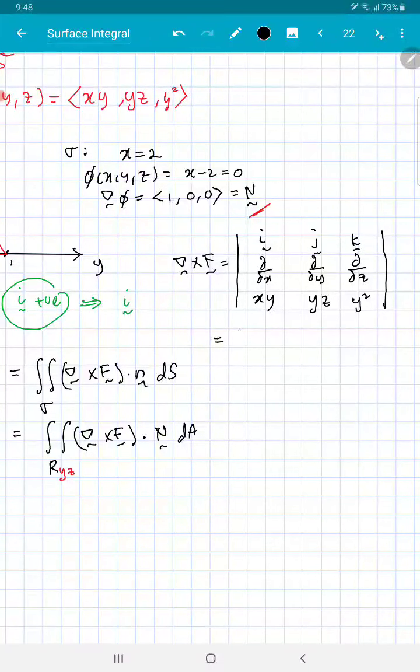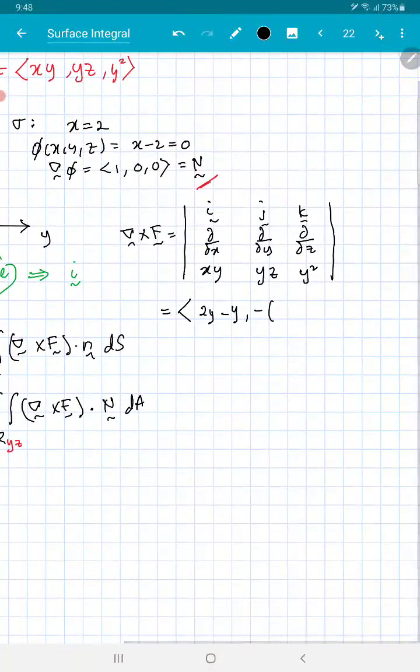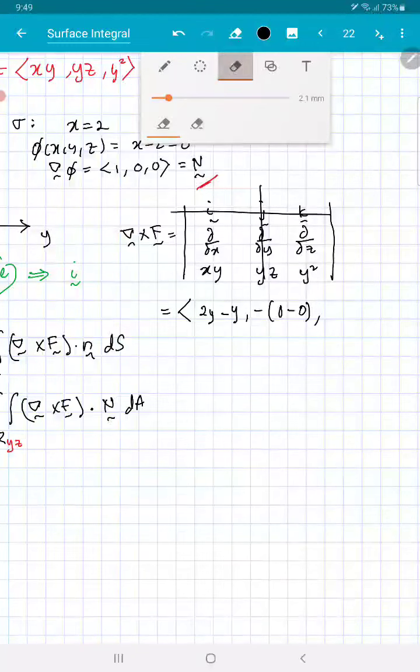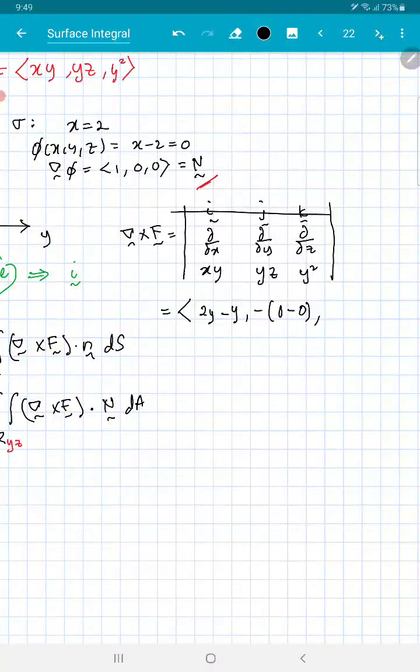Okay, now taking the curl of F, cross out first row, first column to get the x component. We have 2y minus y, and then for the y component you cross out first row, second column, you get 0 minus 0, and for the z component you cross out first row, third column, then you end up with 0 minus x.